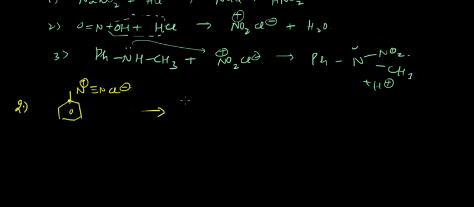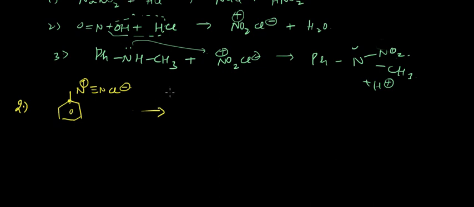The exact mechanism as to how the diazonium salt reacts in presence of CuCl or KCl or Cl minus is not yet clear in the organic chemistry society, but we'll assume that Cl minus will come and get attached to this benzene ring.